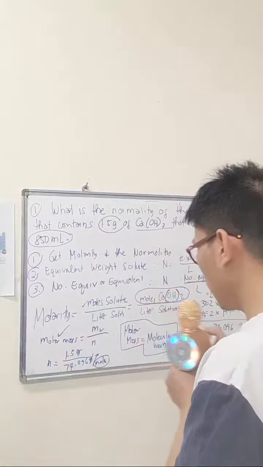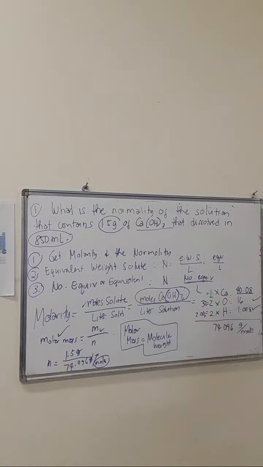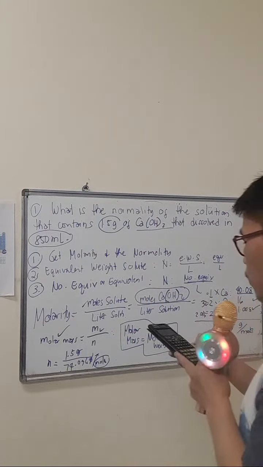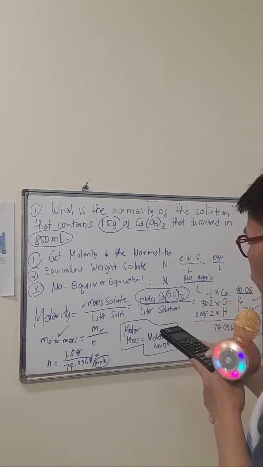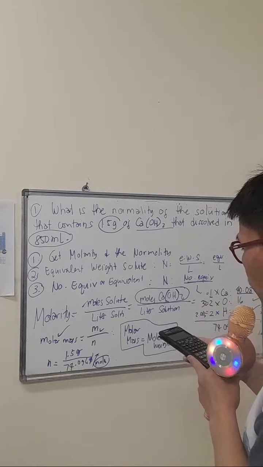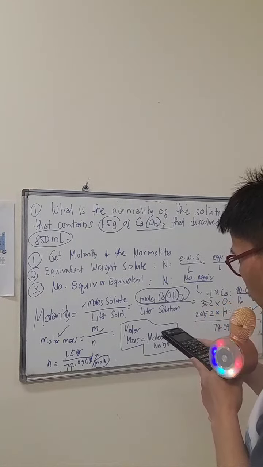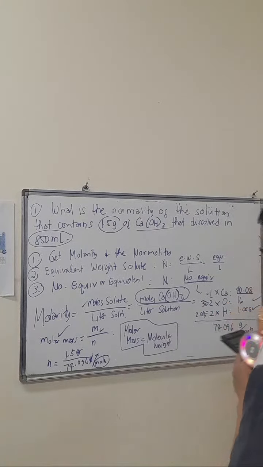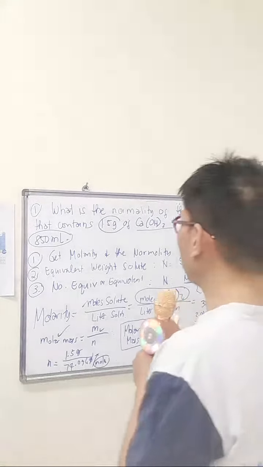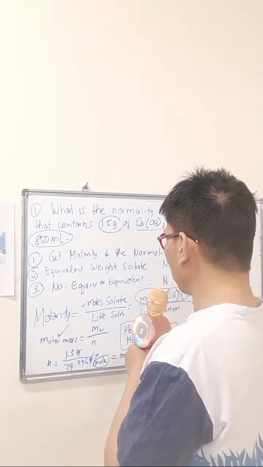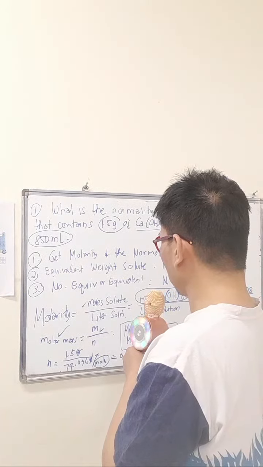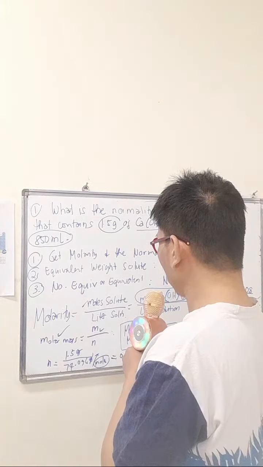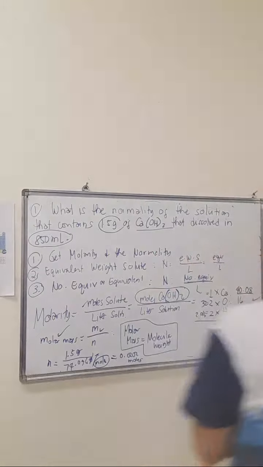Calculator please. So 1.5 divided by 74.096 equals, we have 0.0202. This is our number of moles, 0.0202 moles of calcium hydroxide.